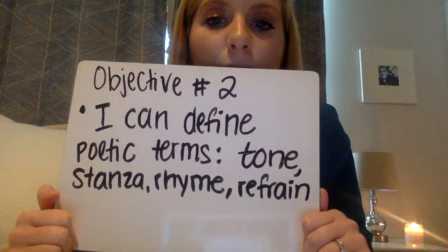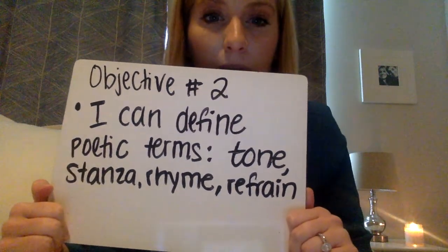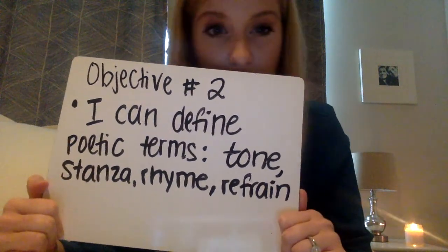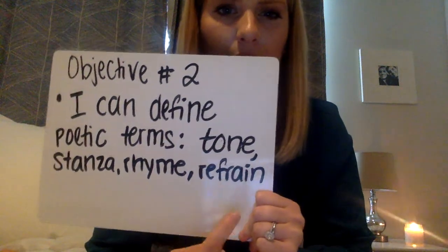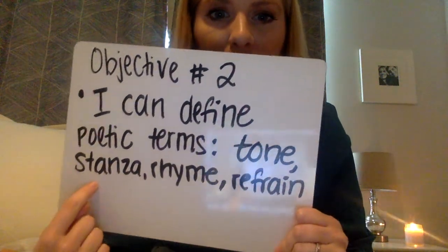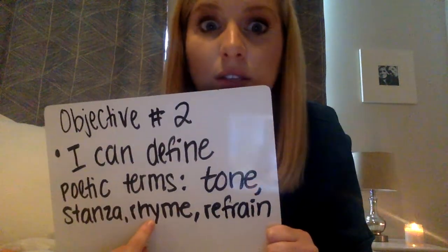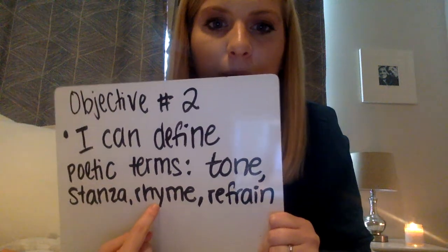So the new vocabulary words we're learning today are tone, stanza, rhyme, and refrain. So we might be familiar with this one because we've written a poem before, and rhyme, but we're going to learn that there's different ways that you can rhyme as well. Okay, so those are our 2 objectives today.